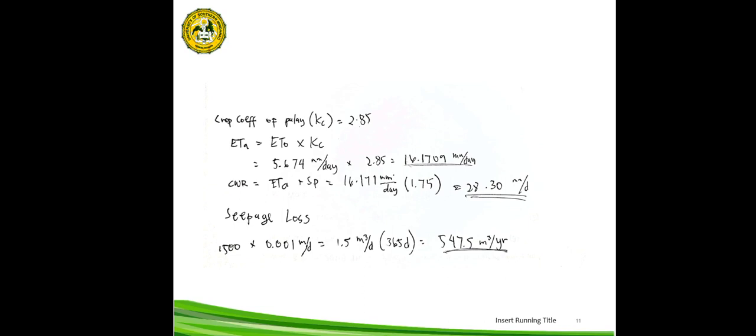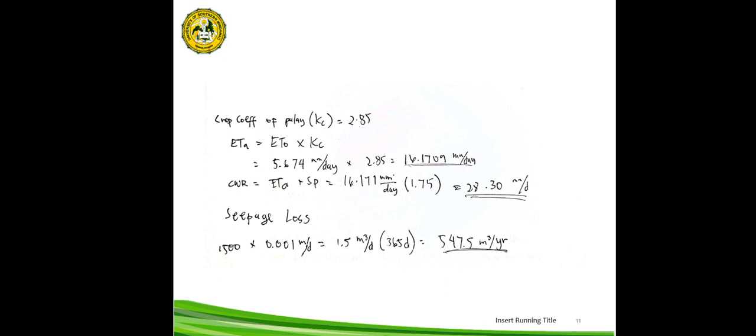To get the crop water requirements, evapotranspiration plus SP is equal to 16.171 mm per day times 1.75, which has a result of 28.30 mm per day.